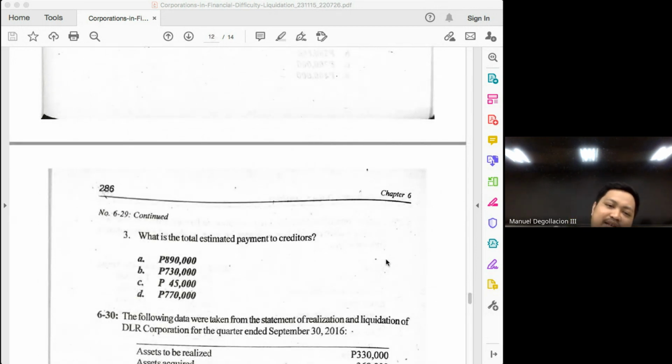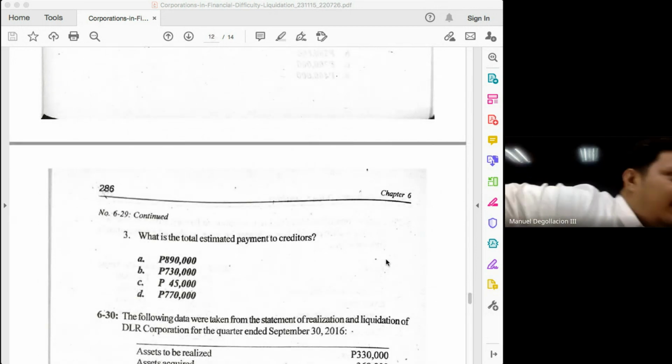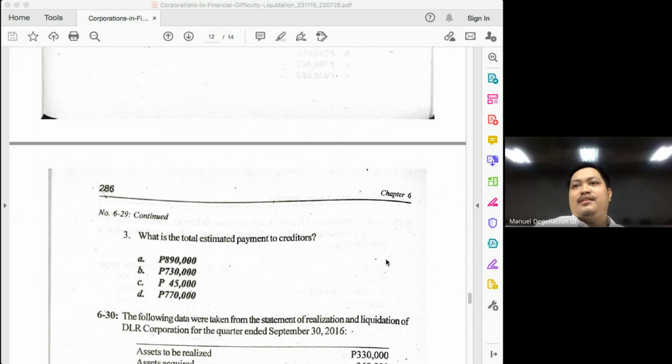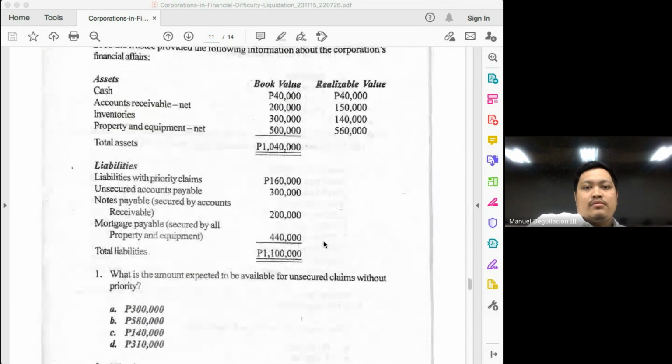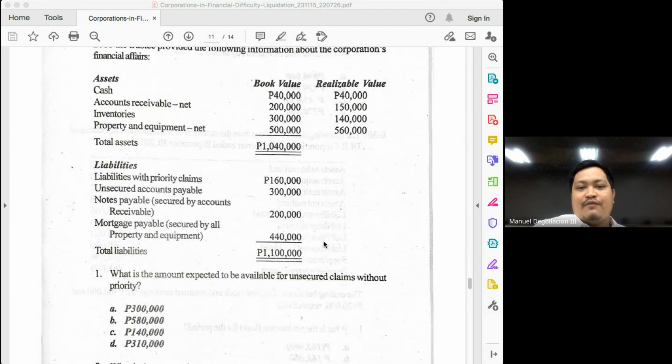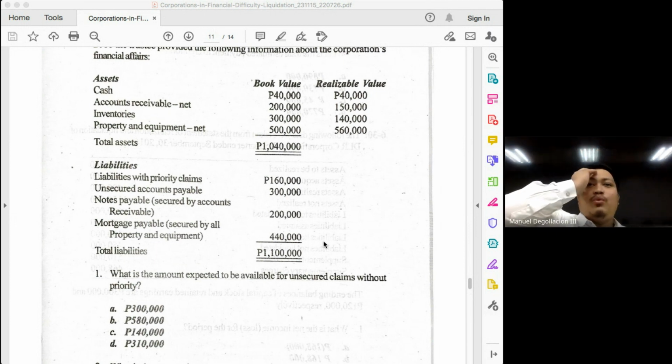Number 3, supposedly, class, if you're asked total payment to creditors, it will just be your total assets, class, at their realizable value. Let's try to check if that's the case here. You add 40, 150, 140, and 560, 700, 890. Because basically, class, what we will use to pay off our creditors would be the assets that remain with us.